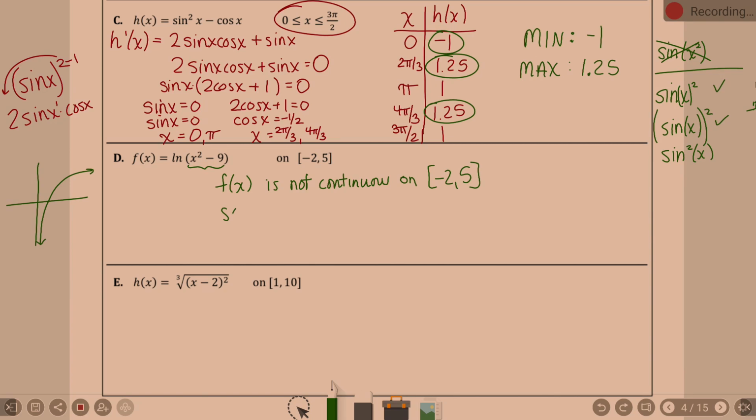So, EVT does not apply. And I have written in mind that f of x is undefined from -3 to 3, right?